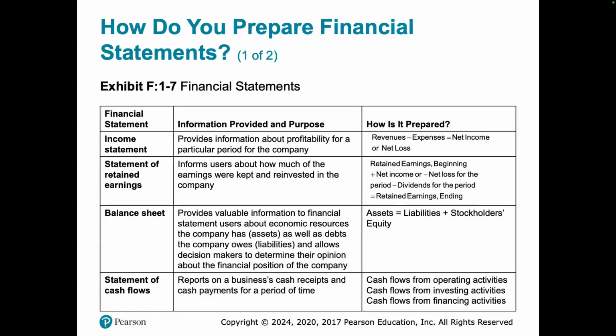Balance sheet, right? This one's a little bit different. This provides valuable information to financial statement users about economic resources the company has. So it takes our assets as well as our debts, the company's liabilities, and allows decision makers to determine their opinion about the financial position of the company. This is a form that pretty much provides the accounting equation.